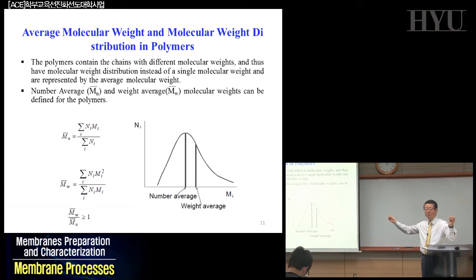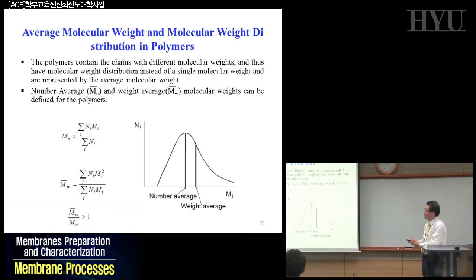Whether it's made by polycondensation or by addition or radical polymerization reactions, you have to have a certain number of repeating units. Now, during the polymerization reactions, the number of units that are attached to each other will be different. That's why we statistically define the average molecular weight.